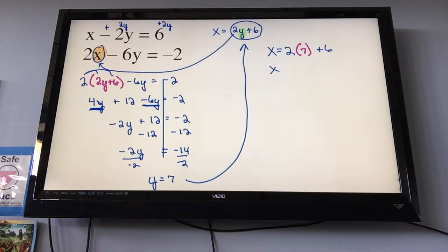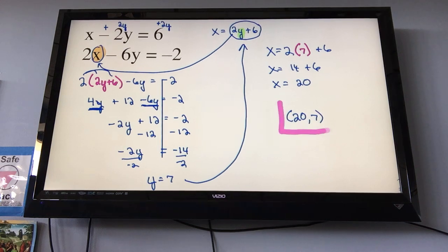So I plug that in. 2 times 7 is 14, plus 6. 14 plus 6 is 20. Okay, some questions first.